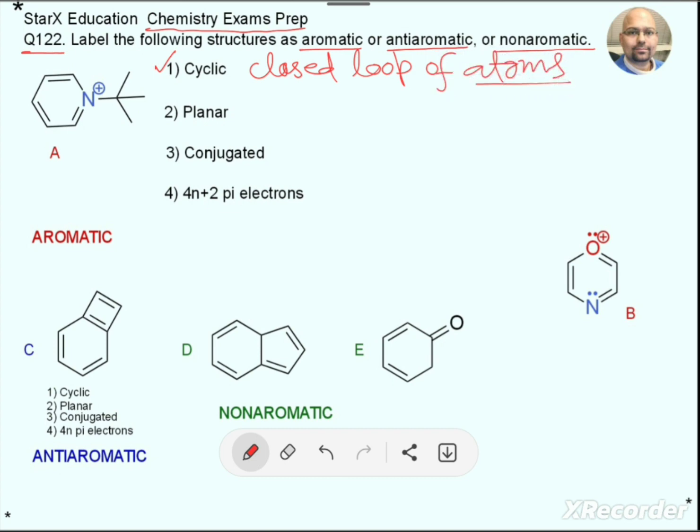The atoms that are taking part in the aromatic structure, there must be a cycle of those atoms. And the molecular species must be planar. A flat species would have all atoms in it sp2 hybridized.